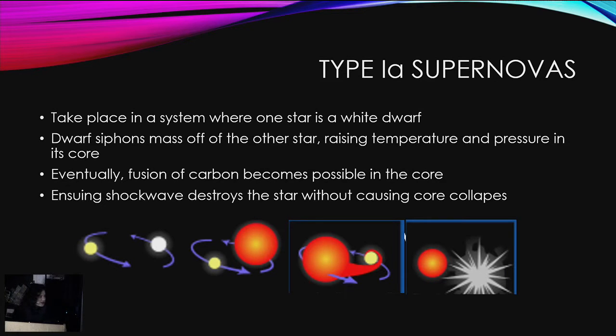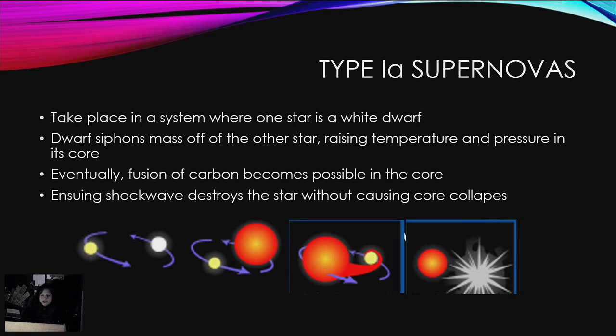And so this takes place in a system where one of the stars is a white dwarf. A white dwarf is the remnant of a star like our sun. So when our sun ages, in a few billion years, it will run out of fuel to fuse in its core.